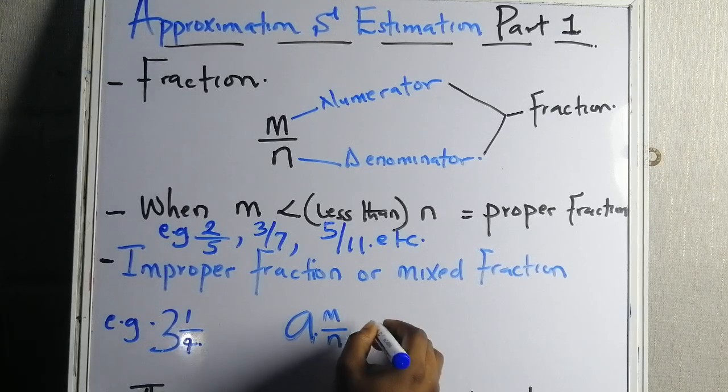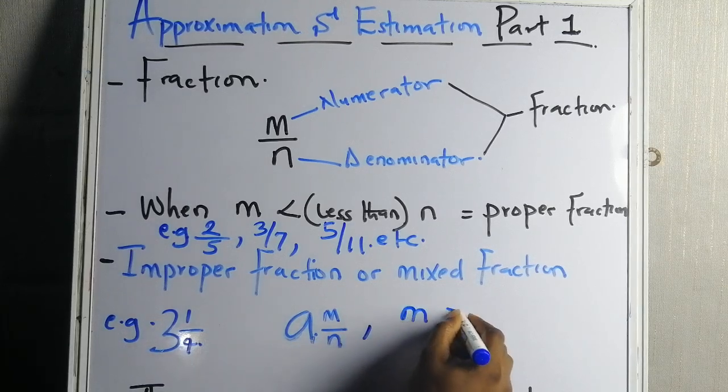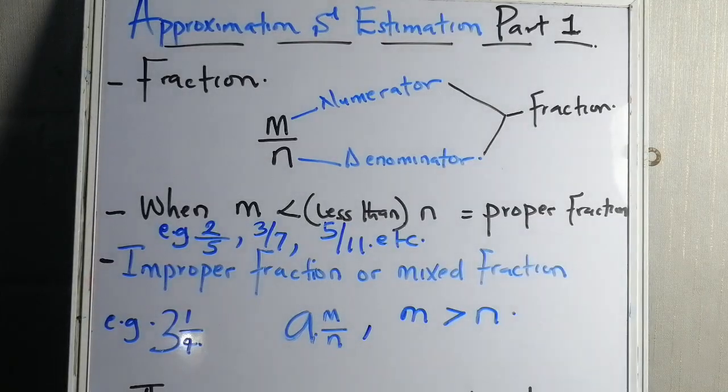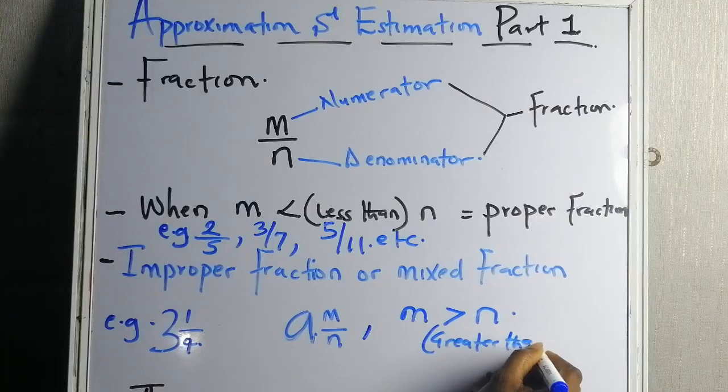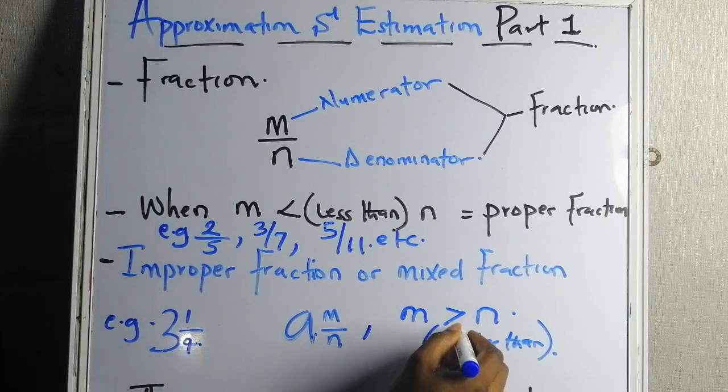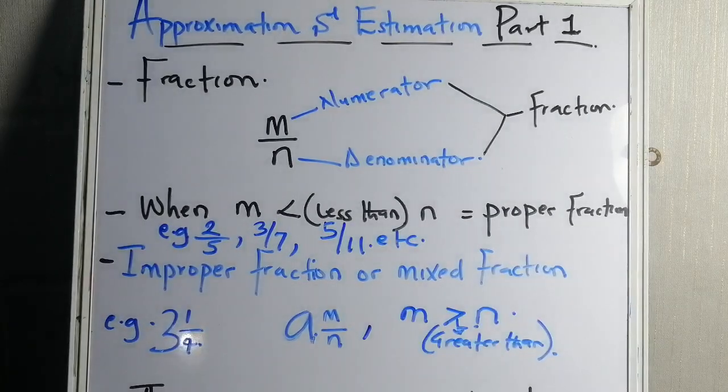But in this case now, you have what? M greater than what? N. That is, m is greater than n. This is a symbol for greater than. So m is greater than n.